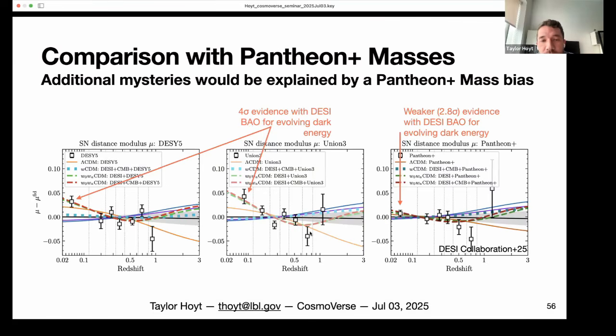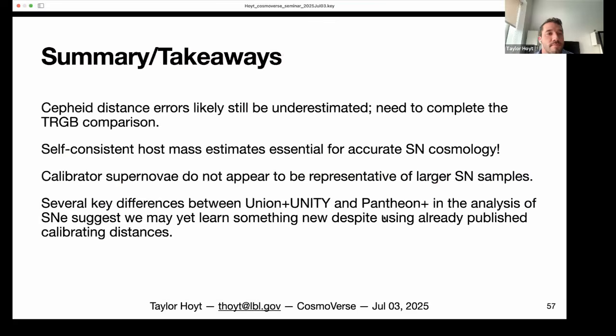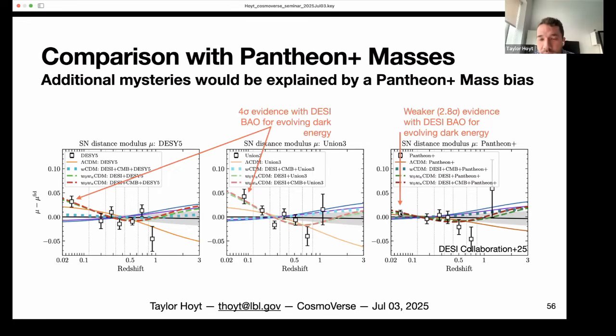And then especially in the intermediate redshift range, the agreement is exact. So if you add that 0.016 shift, then the Pantheon point would pull up here, bridging about half that difference you're seeing in the low redshift bin with the other two surveys.